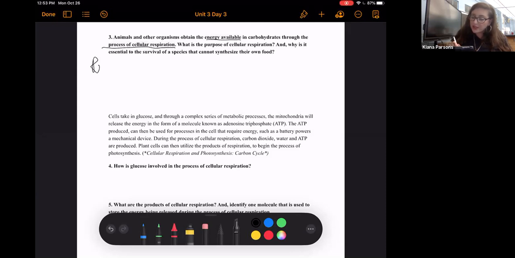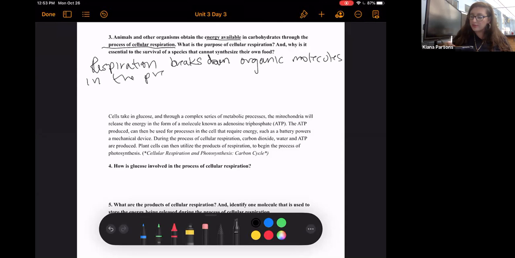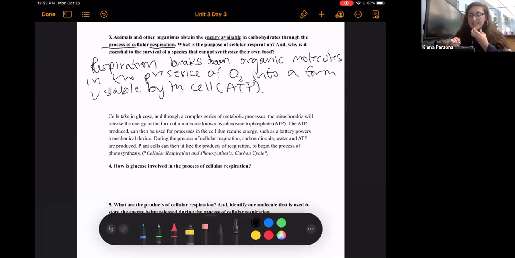So respiration breaks down organic molecules in the presence of oxygen into a form usable by the cell to carry out our life processes.